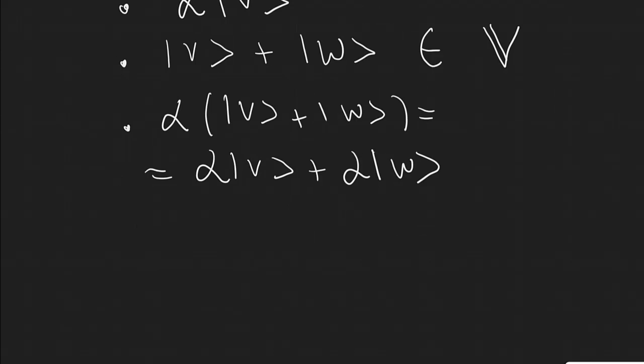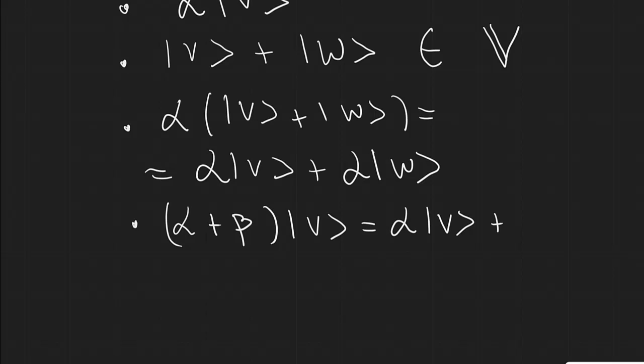This vector space needs to also be distributive within the scalars themselves. So let's say we have two scalars, alpha and beta, and let's say that they multiply this vector v. Well, this will simply be equal to alpha times v plus beta, which is the other scalar, multiplied by the vector v.